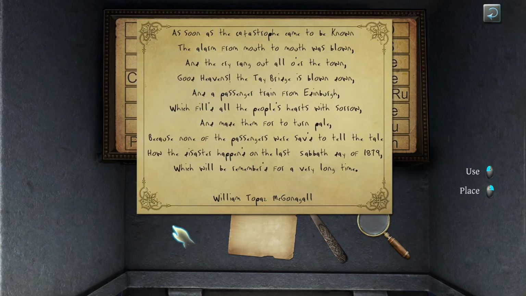As soon as the catastrophe came to be known, the alarm from mouth to mouth was blown, and the cry rang out all over the town. Good heavens, the Tay Bridge is blown down.